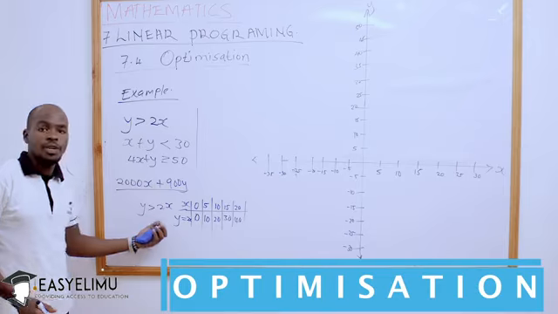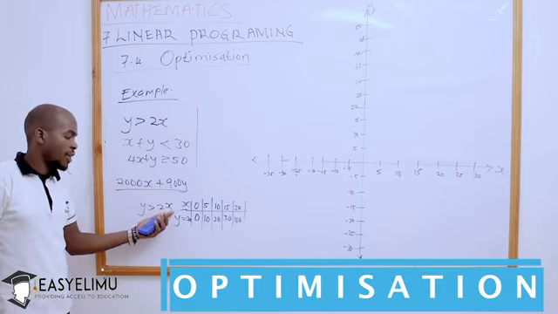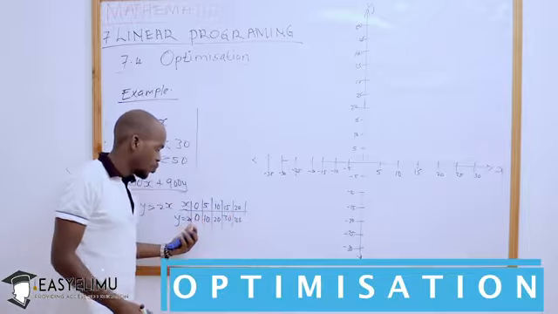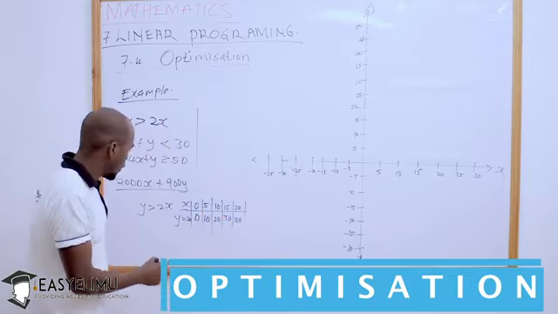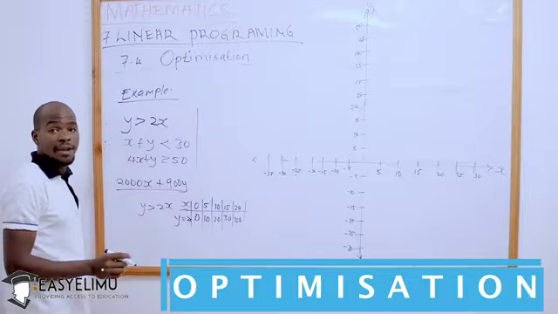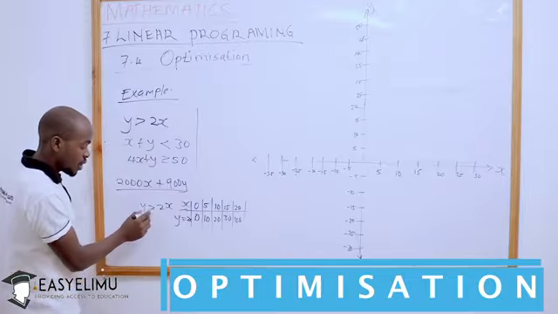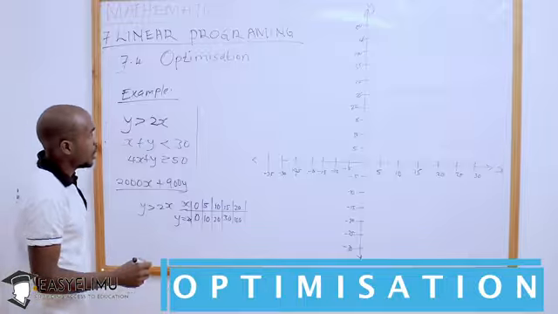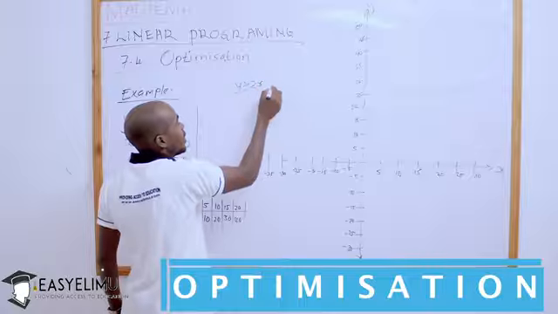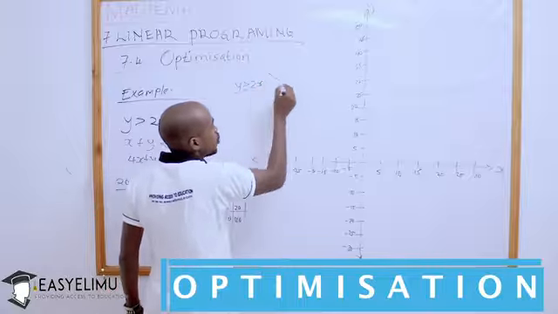Now I will plot y is greater than 2x, first plotting the line y equals 2x. Because this one is greater than, and not greater than or equal to, the line will be dotted. If it were y greater than or equal to 2x, the line would be continuous.